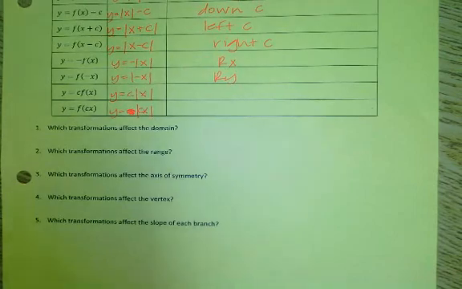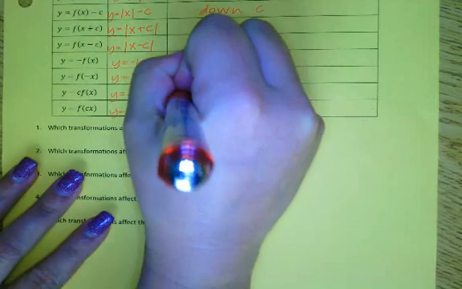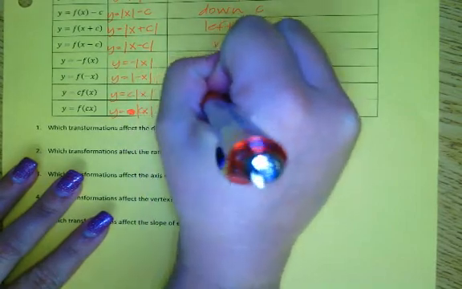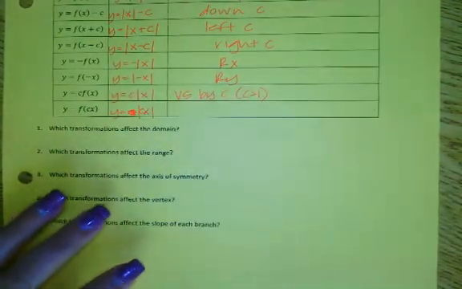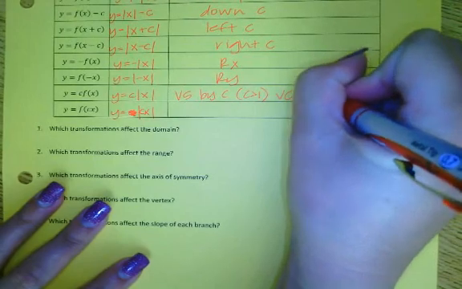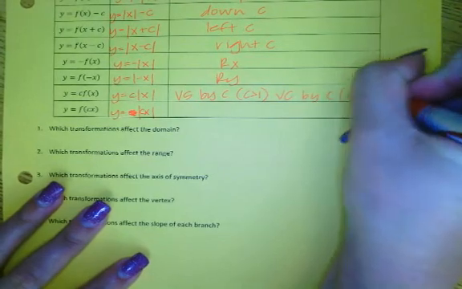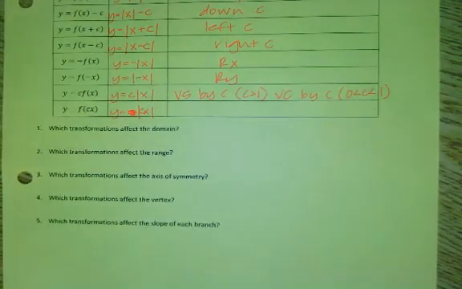So what happens if it's greater than 1? Vertical stretch by c when c is greater than 1. And then what's our other option? Vertical compression by c when it is in between 0 and 1. So some sort of fraction.